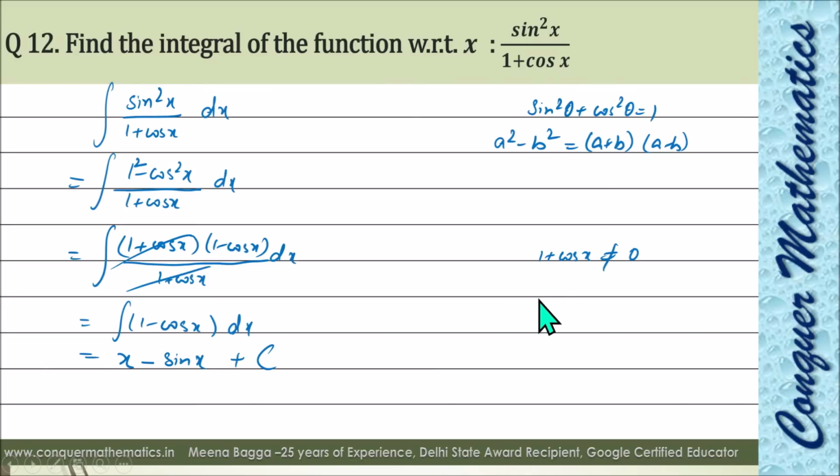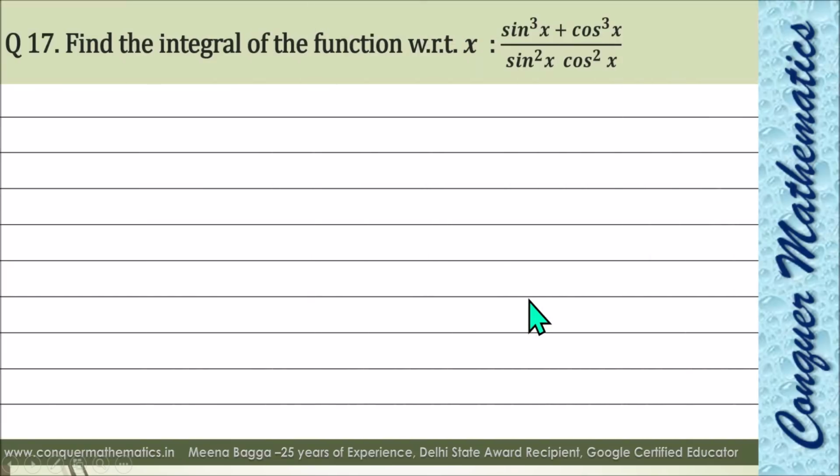Okay, let us move. Yes, integral of sin cube x plus cos cube x divided by sin square x cos square x. I think it is simple to find. Such type of question we have already done, and you might remember that we just have to separate the terms, first of all write as two partial fractions, then cancel them.